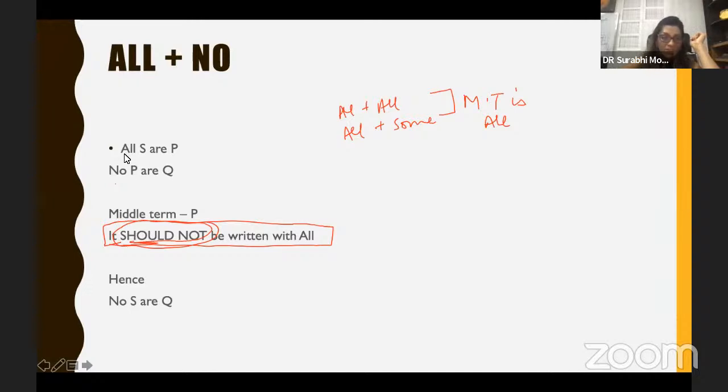I just look at the all statement. I know that P is the middle term. It is not written with all. All is here, P is here, and with all, S is written. So if the middle term is not written with all, I will get a no answer, no SRQ, or no QRS. Just like some, no can be written in any way. So if the middle term is not written with all, my answer will be a no answer.